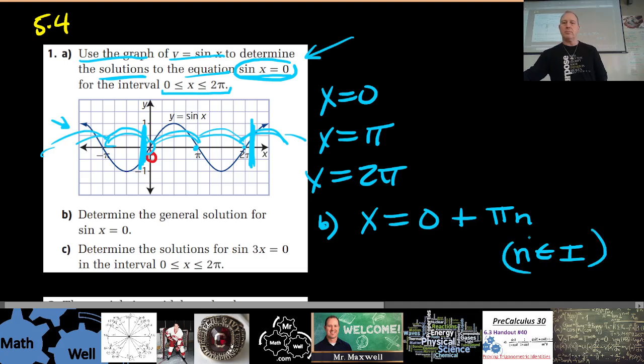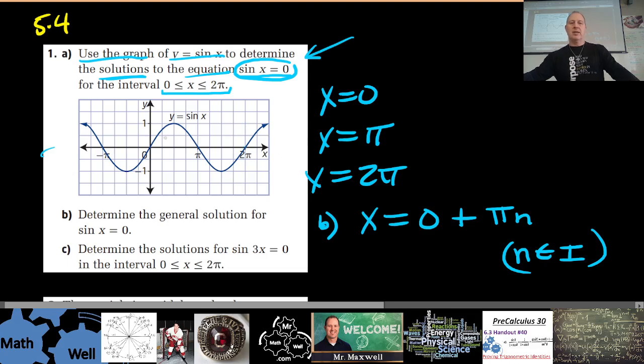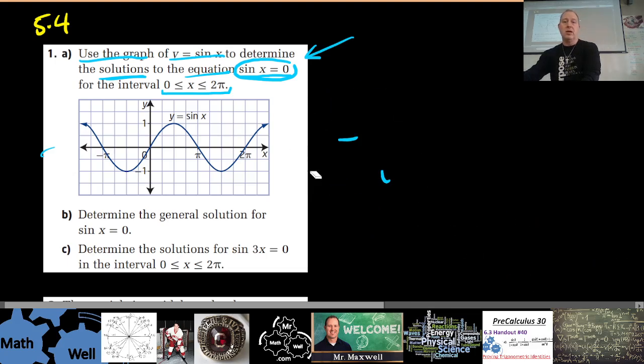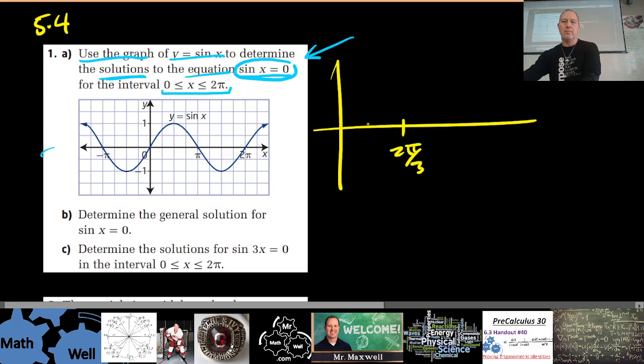Okay? C, determine the solutions for sine of 3x. Here's where it gets a bit tricky. What you have to understand is that for sine of 3x, the period length now is 2 pi over b. So that's 2 pi over 3. So one period length will now be 2 pi over 3.